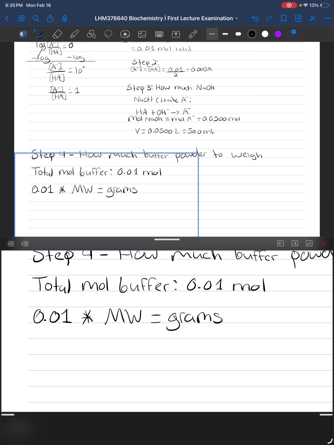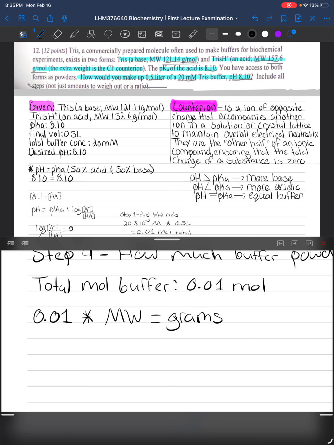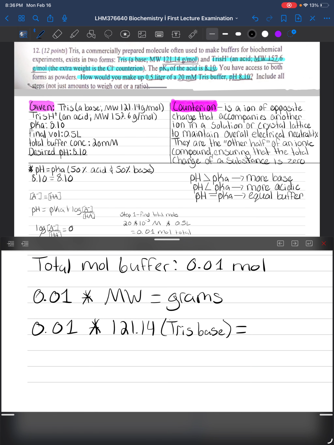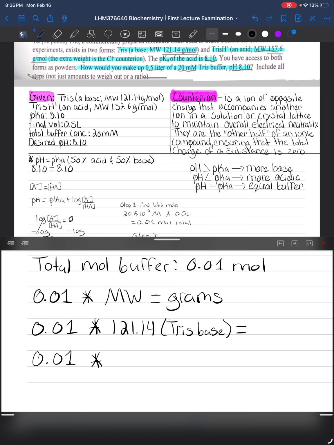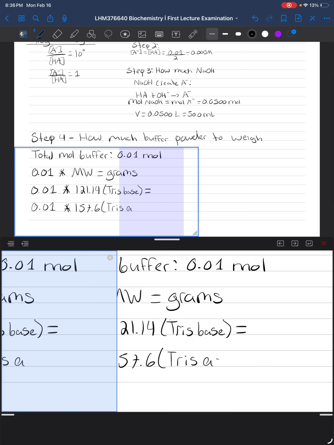We have 2 molecular weights for the Tris base and the Tris acid, and we're going to plug them in. So 0.01 times the molecular weight of the Tris base, and then 0.01 times 157.6 for the Tris acid.